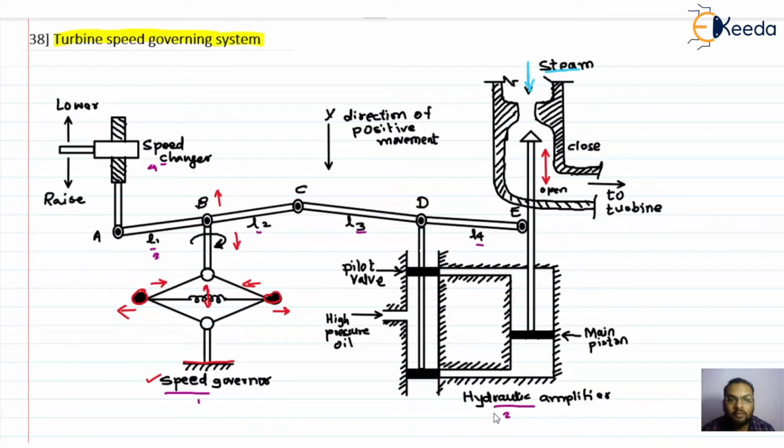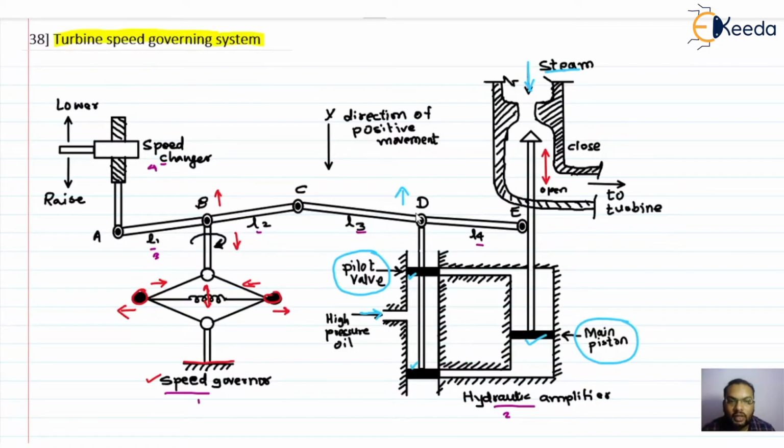Basically this hydraulic amplifier comprises two different pistons. The first is the pilot valve or pilot piston, and the second one is the main piston. The main piston is here, and the pilot piston is here. You see here, if this point D on this link moves upward, high pressure oil is going to enter this chamber from this point.